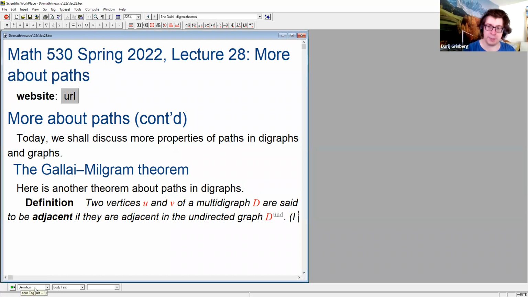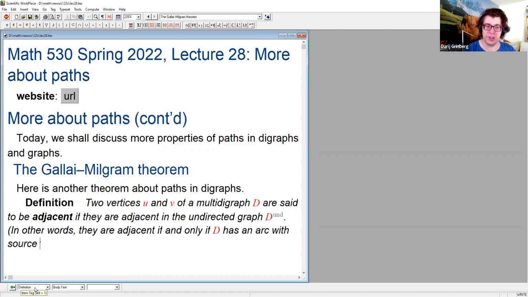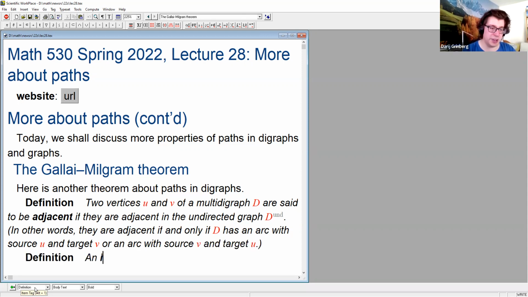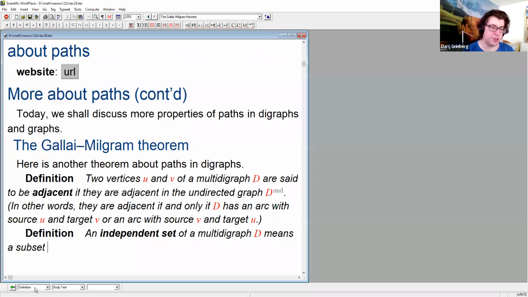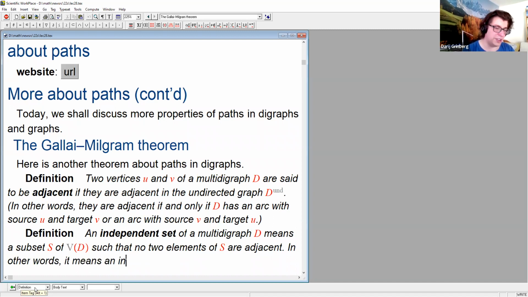So in other words, they are adjacent if and only if D has an arc with source U and target V, or vice versa, so source V and target U. Next, an independent set of a multi-digraph D means a subset S of the vertex set such that no two elements of S are adjacent. I mean, distinct. Well, it doesn't matter. No two elements are adjacent. In other words, it means an independent set of the undirected graph, D undirected.